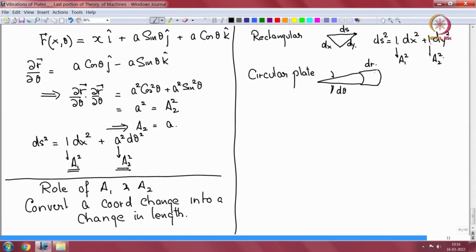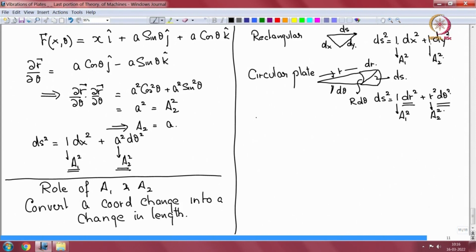Now if we look at this arc length, this is my ds, then ds squared is equal to dr squared plus r squared d theta squared. There is a 1 here, which is A1 squared, because dr is already in length coordinate, whereas d theta is angular, and therefore you need r squared to convert it to a length.